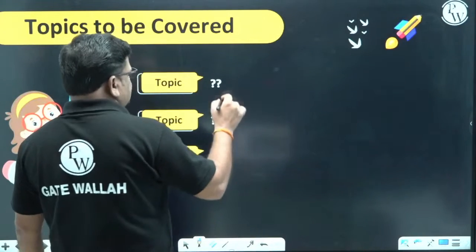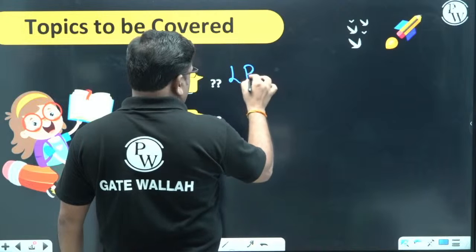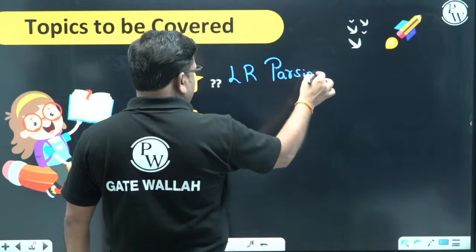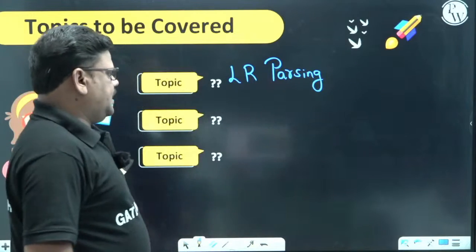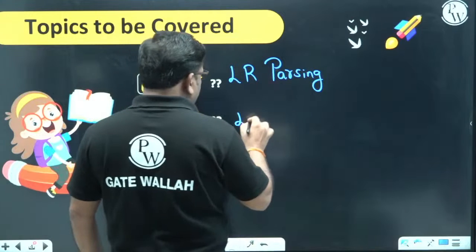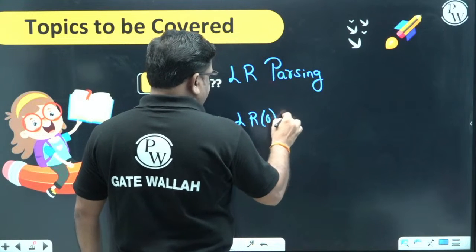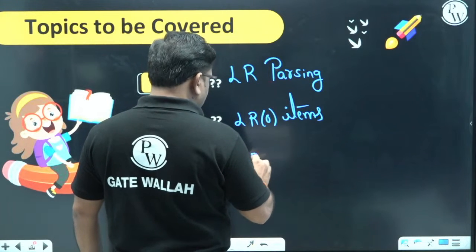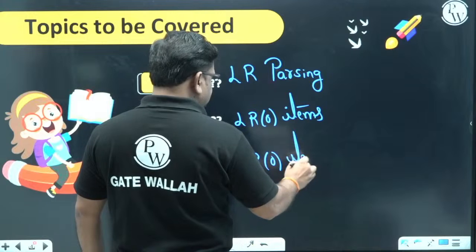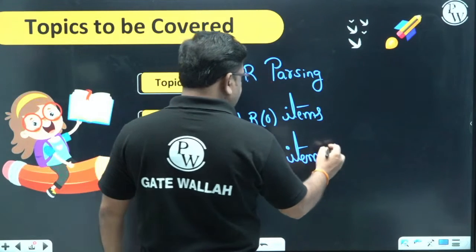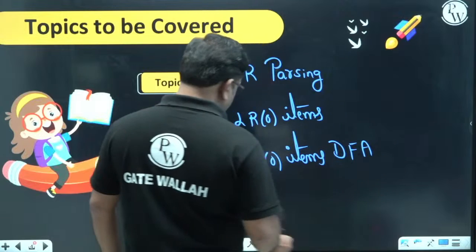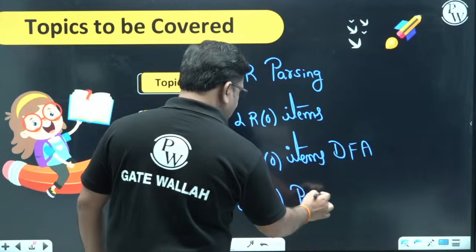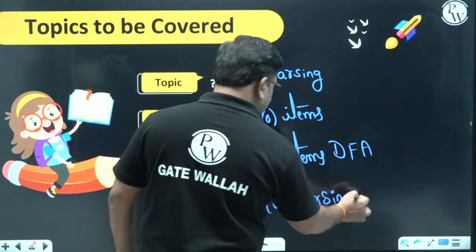And today we are going to discuss about the more generalized form of shift reduce parsing, LR parsing. This is practically used in the present compilers. LR parsing and LR0 items, LR0 items DFA, LR0 parsing table construction.